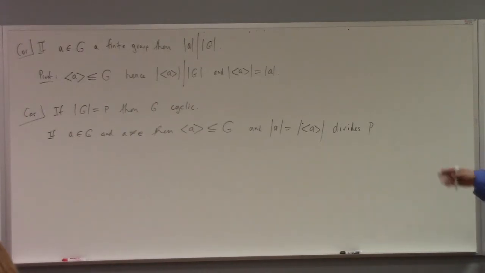But 1 is out because we assumed a is not the identity. Therefore, the order of a must be p, which makes a a generator for the whole group. Pretty neat, huh?